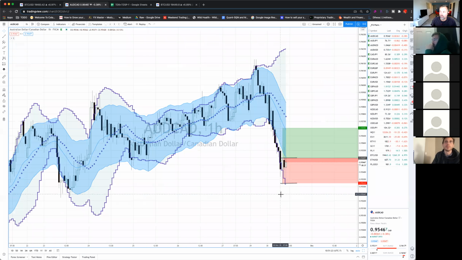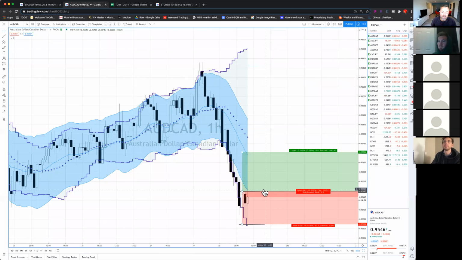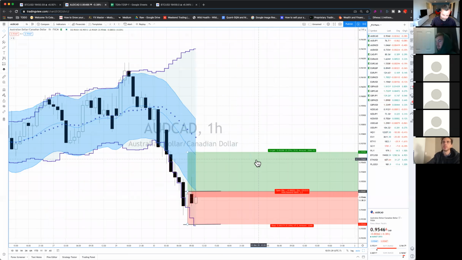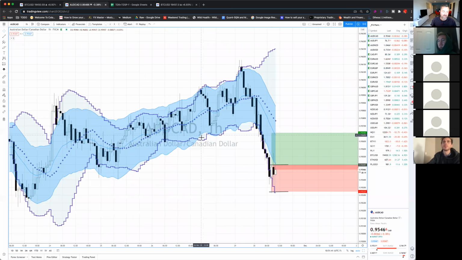So what you want in a mean reversion trade is to buy it where it starts heading in your direction, convincing you that some sort of buying is about to happen. And if nothing else, when it starts heading in your direction, you start being able to take advantage of that. Most likely it's going to come back into a position where previous breakouts have happened and test that area.